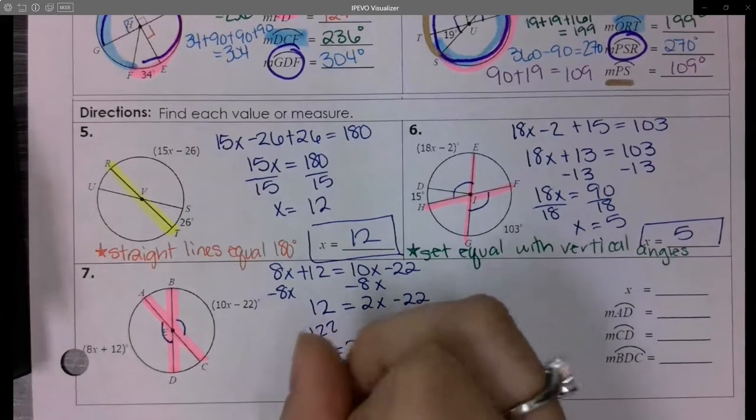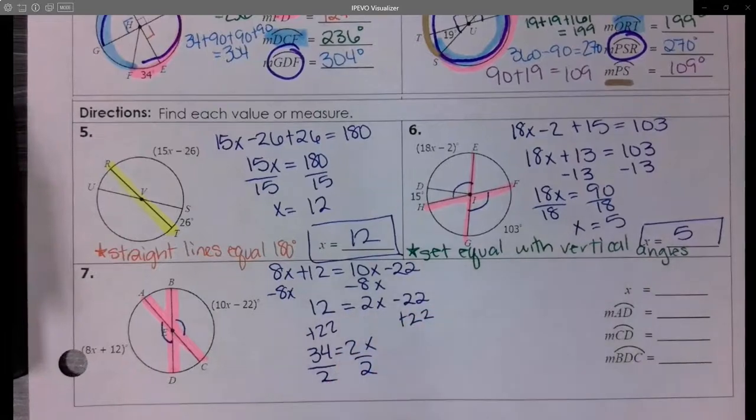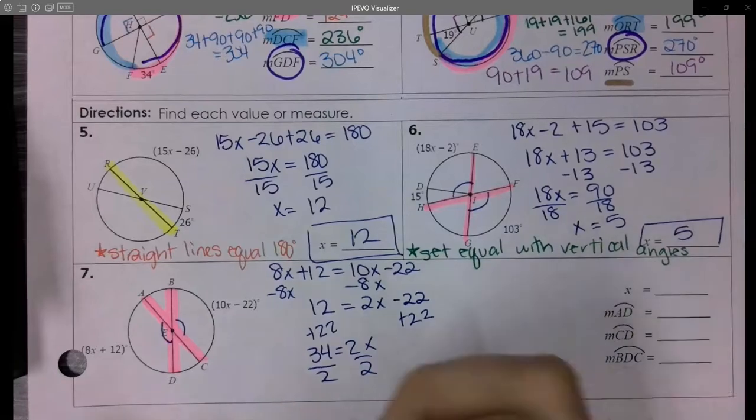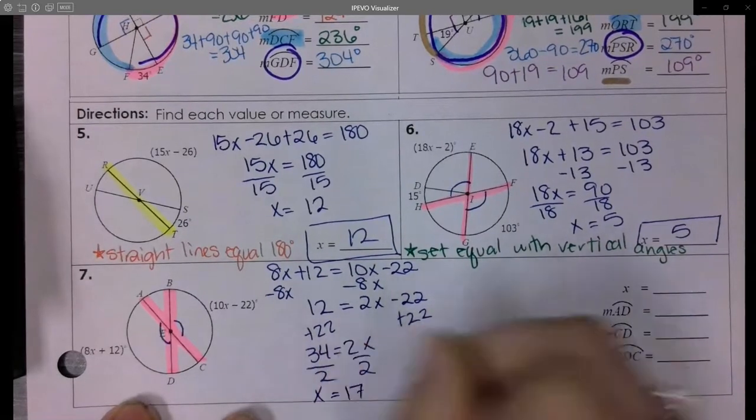Then I want to go ahead and divide both sides by 2. Which gets me, what? 17.